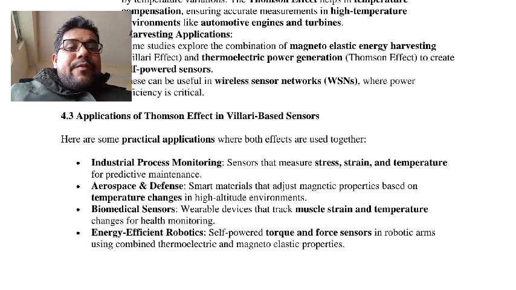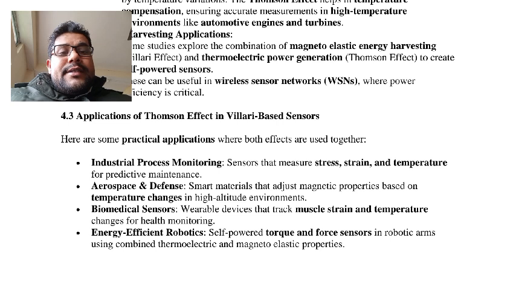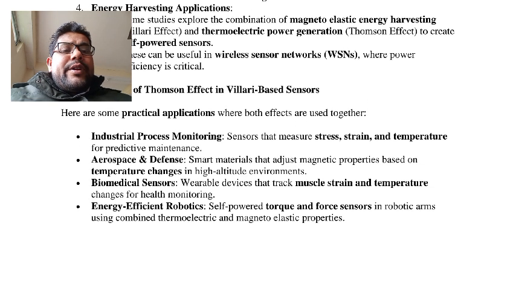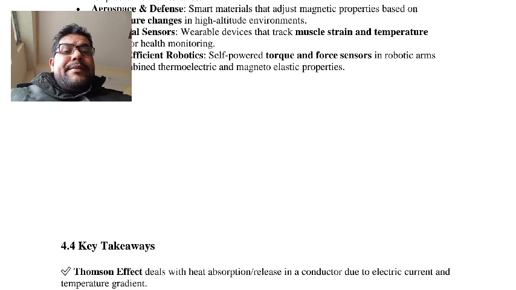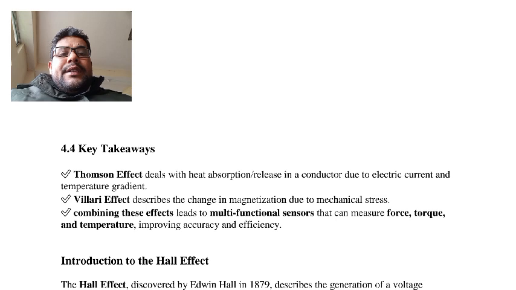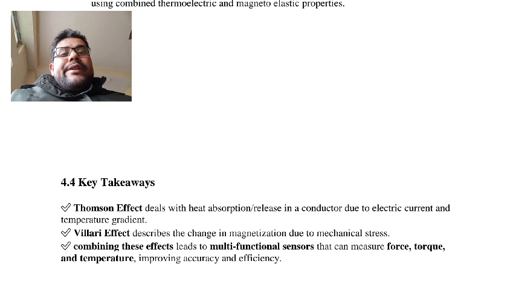Biomedical sensors: devices that track muscular strength and temperature. Energy efficiency, and robotic self-powered torque and force management, we can do. So these are some important points we have to learn.